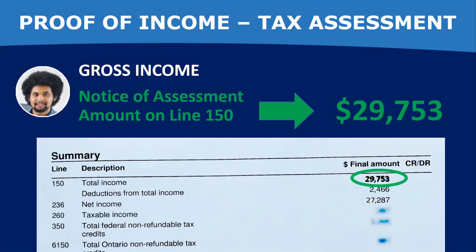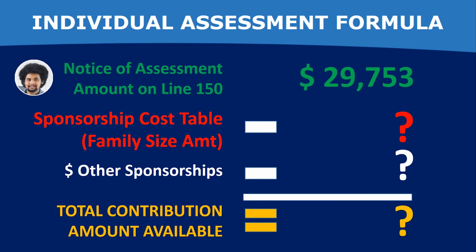For determining your proof of income, you want to take a look at the notice of assessment from Canada Revenue Agency, and line 150 shows that Jamil has a total income of $29,753. So we put that information in our formula here under notice of assessment amount on line 150.